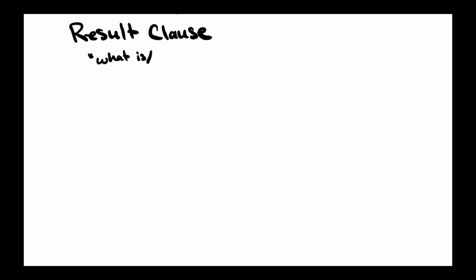Now, the result clause shows the result of the action in the main clause, as you might have guessed. It answers the question, what is or was the outcome? It tells you the consequence of the action.